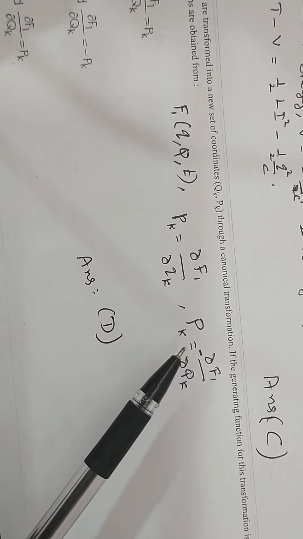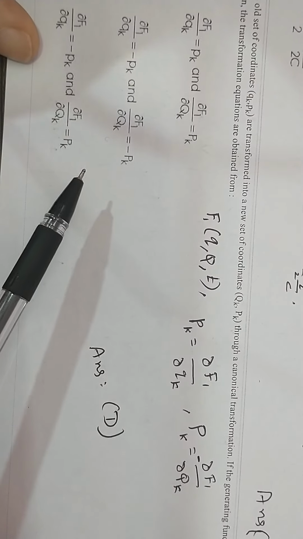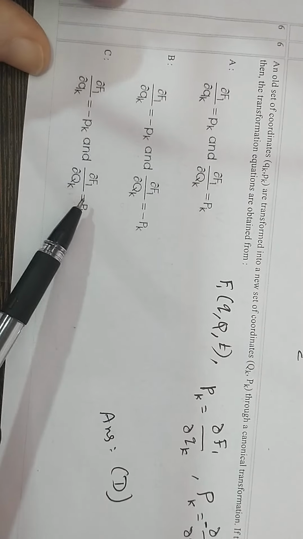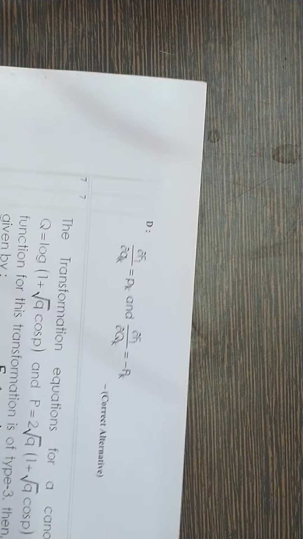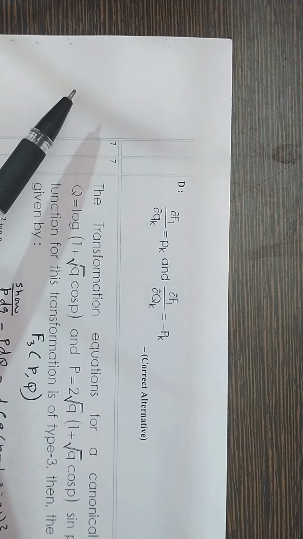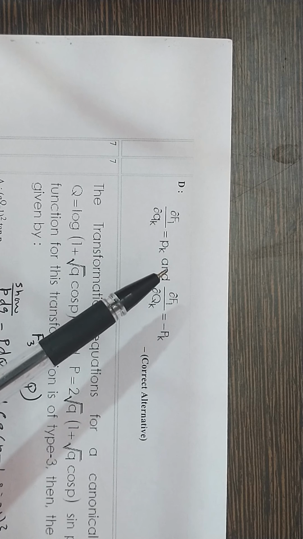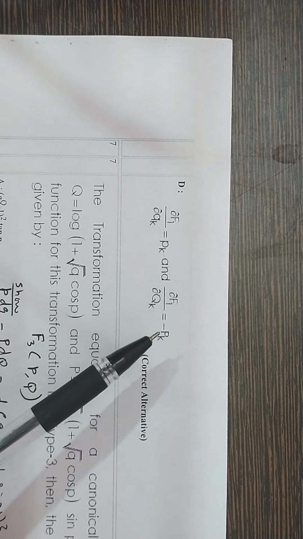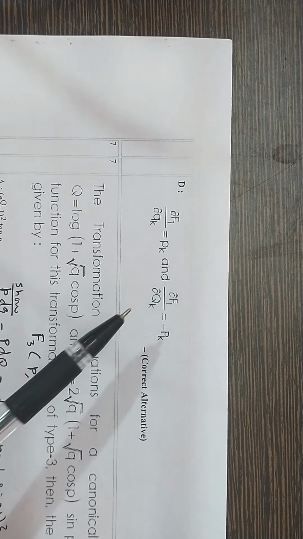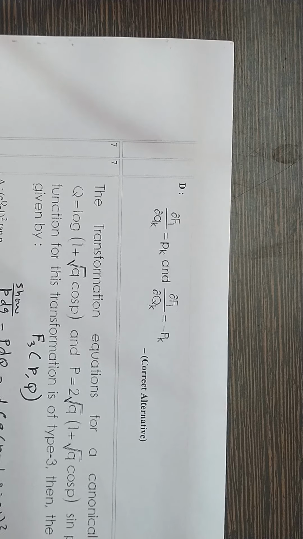Here the option is D. Partial dF1 by dq_k is equal to p_k and partial dF1 by dQ_k is equal to minus P_k. So option D is the correct one.